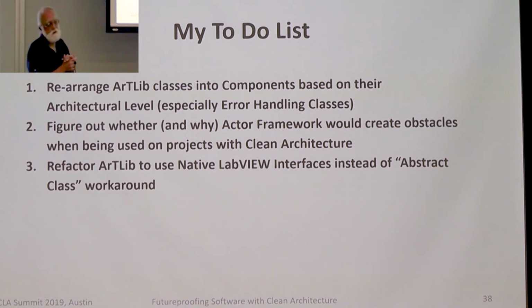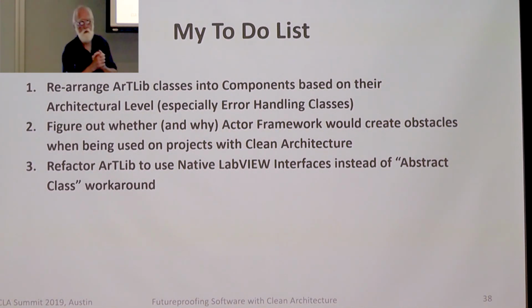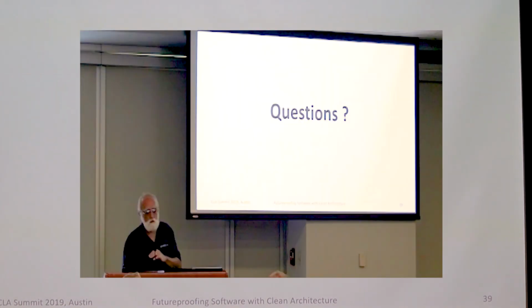It will require some refactoring, especially for error handling. I also want to figure out whether and why the Echo framework would create obstacles for doing a clean architecture on your projects. And I want to refactor my reuse libraries to the native G interfaces that we are supposedly getting in LabVIEW 2020. And that's it.